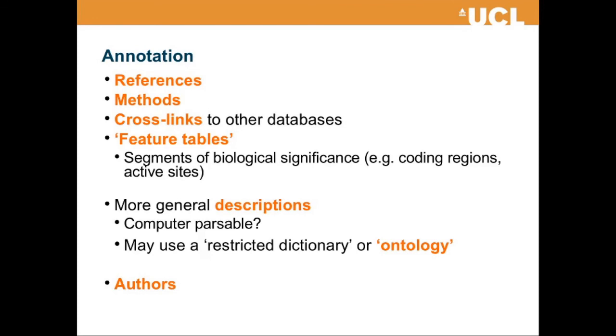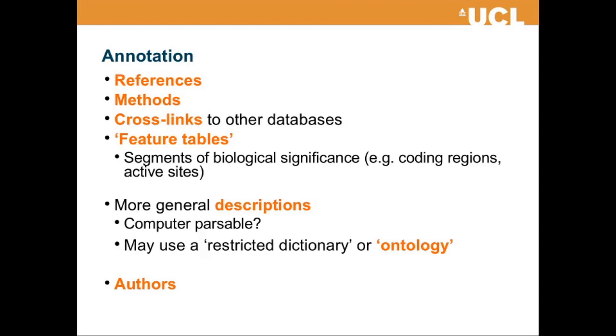We also often have more general descriptions. The problem with those is that while they're great for a biologist to read, they're much more difficult for a computer to understand and get information out of. So in some cases we may use what's known as a restricted dictionary, which is just a set of particular keywords that we might be looking for, or what's known as an ontology, which you can think of as like a tree dictionary.